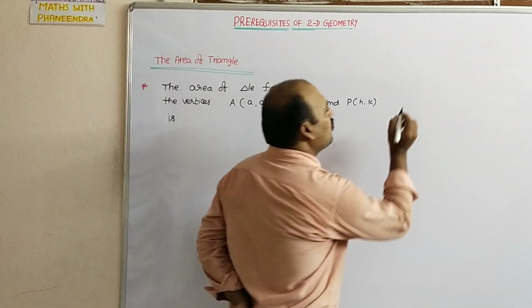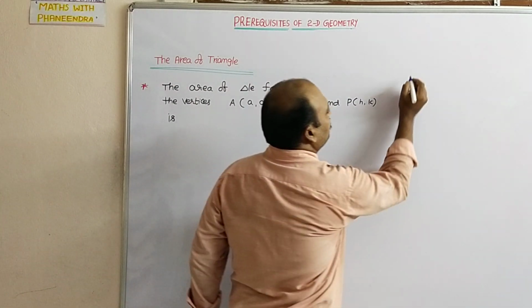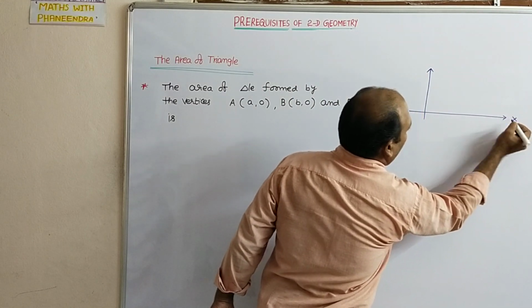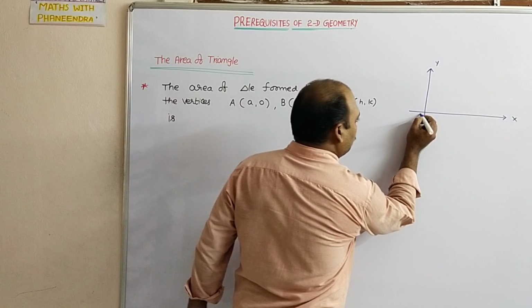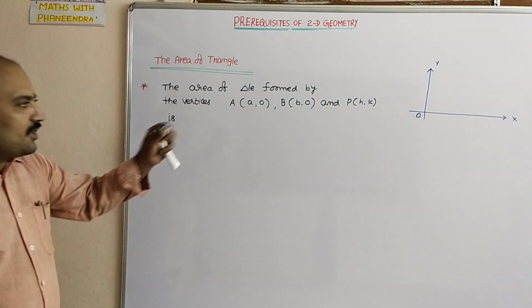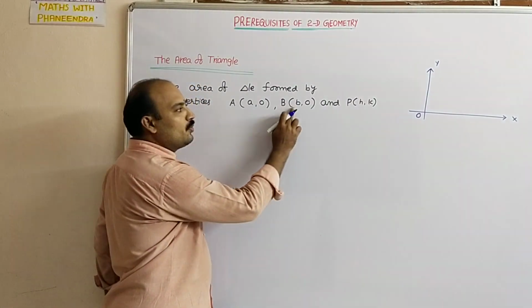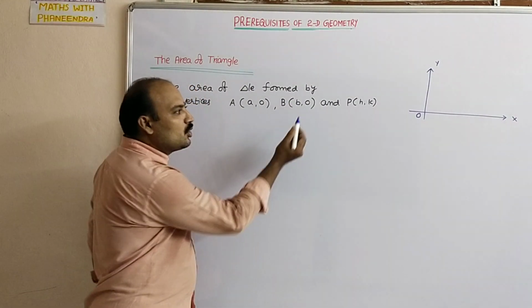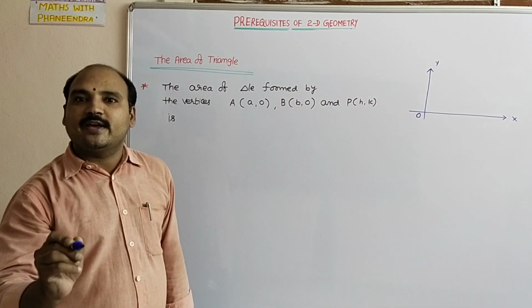A rough diagram you have to draw for that. For that I am drawing a rough diagram. X-axis, y-axis. This is the origin. Among the 3 points, observe the first and second points, (a, 0) and (b, 0). Whenever the y coordinate is 0, the point should lie on the x-axis.